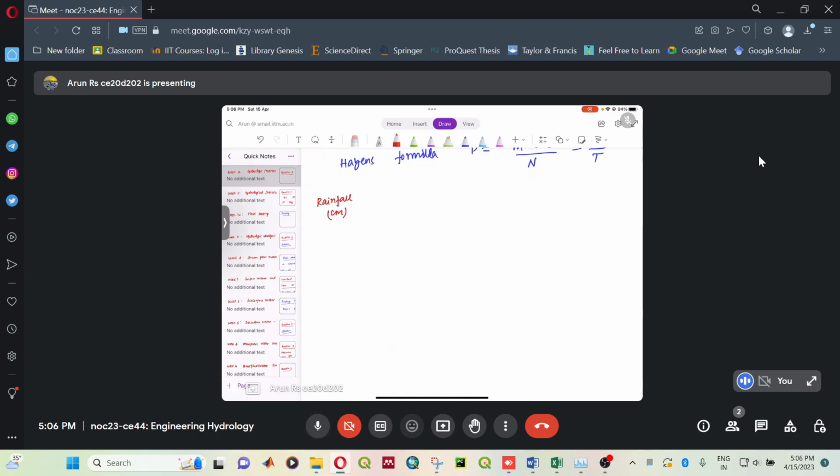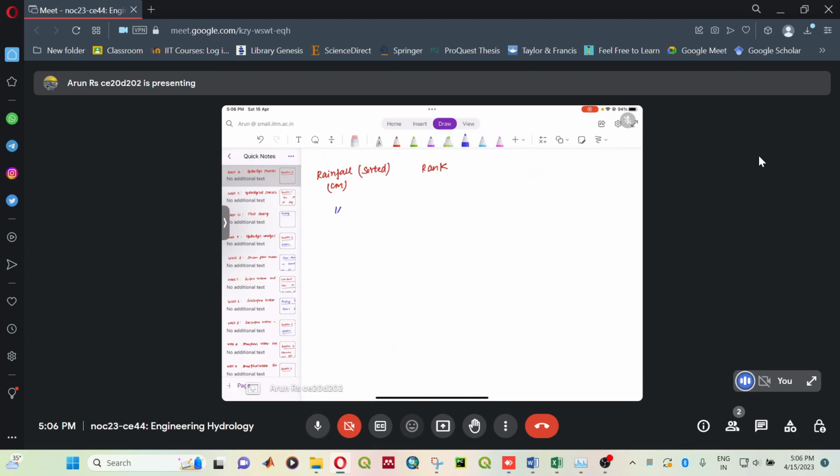So this is rainfall sorted, that is arranged in descending order. Then the corresponding rank, then probability using Hazen. Okay, we'll be only up to the ranks now.